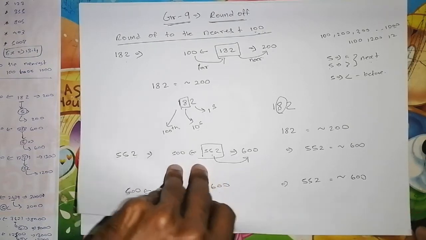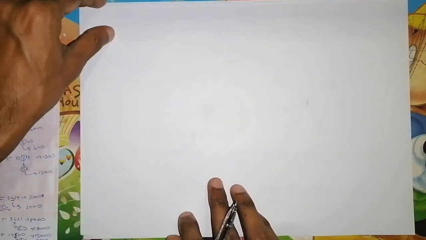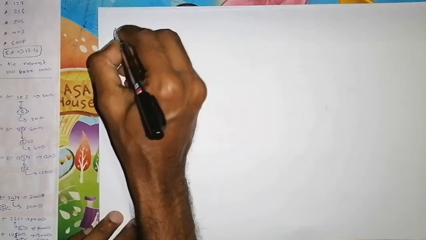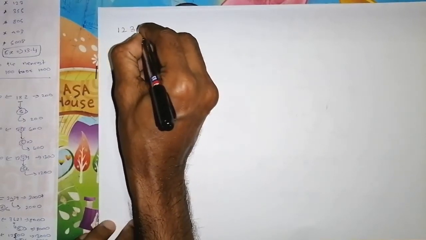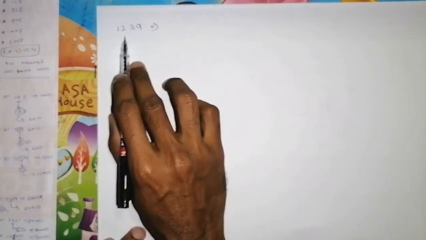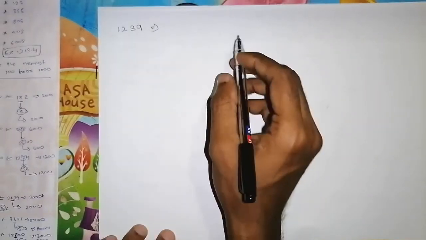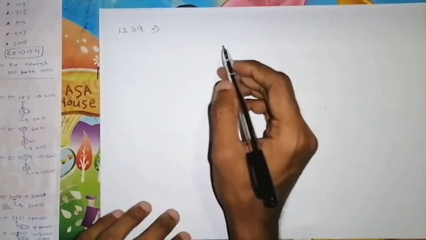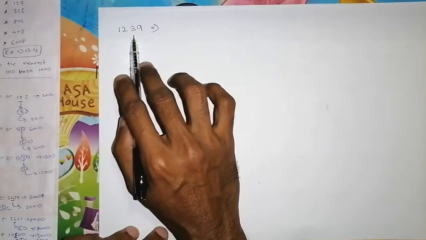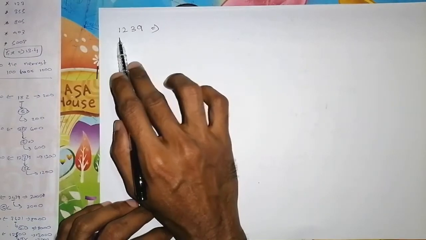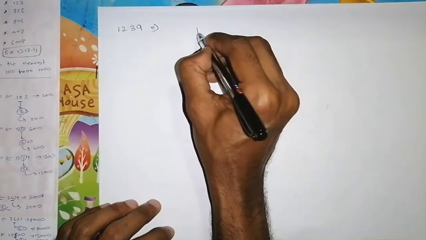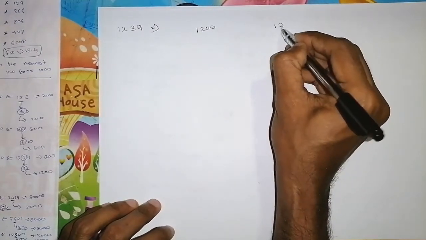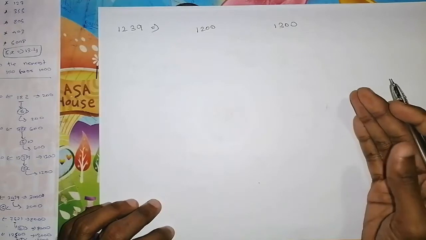Okay, we'll check another example. 1239. Round off to the nearest 100. The first style is you should take the before and after. It is between 1200 and 1300 because nearest 100.